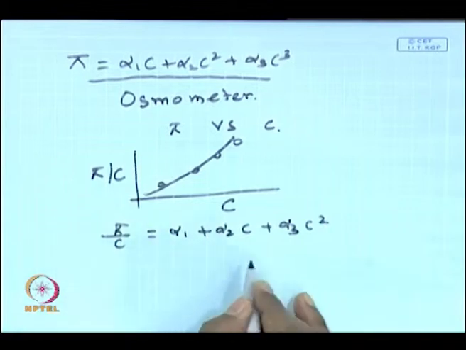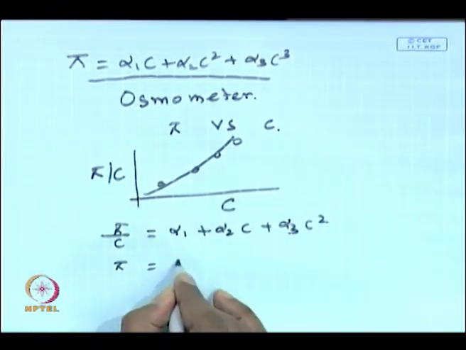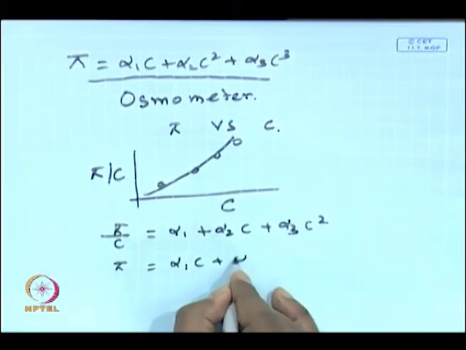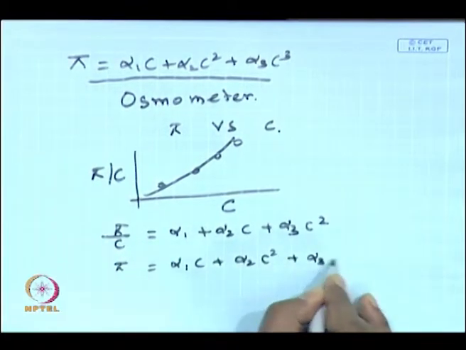After multiplying C on both sides, you get pi is equal to alpha 1 C plus alpha 2 C square plus alpha 3 C cube.